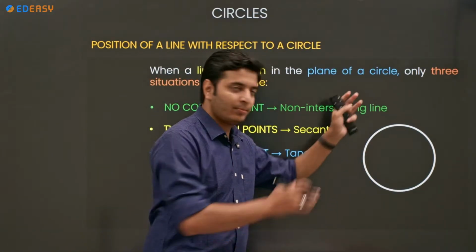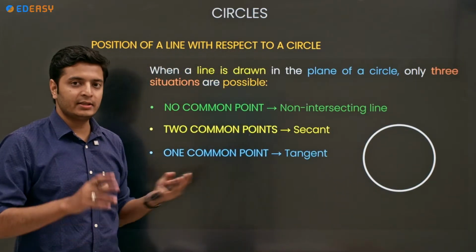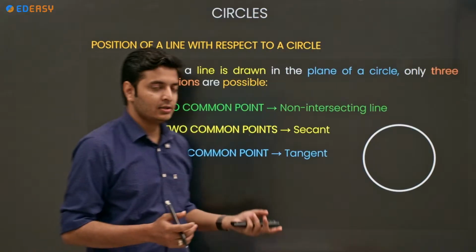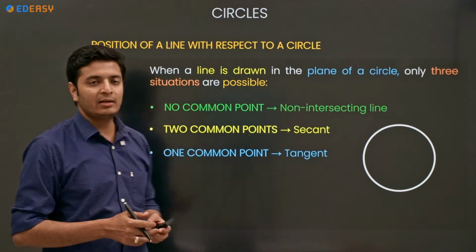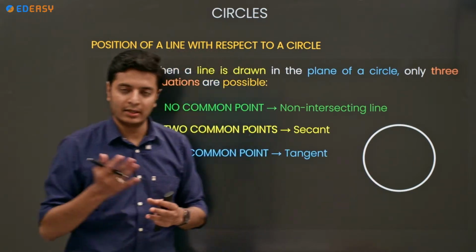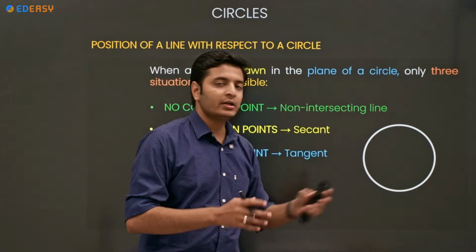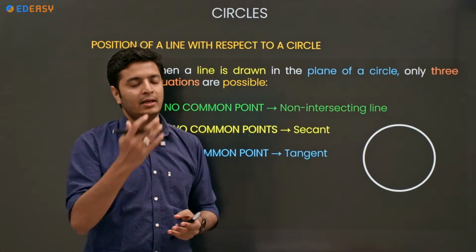This is a plane, no? And in this plane, I can see a circle. So in this plane there are two things, a line and a circle, and there are three possible cases. One, that there can be no common points. They can intersect or they cannot intersect, correct? If they are not intersecting, it means there is no common point between the line and the circle.